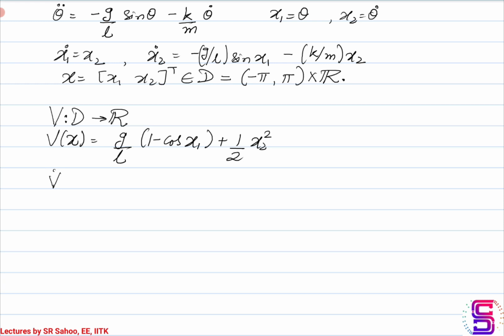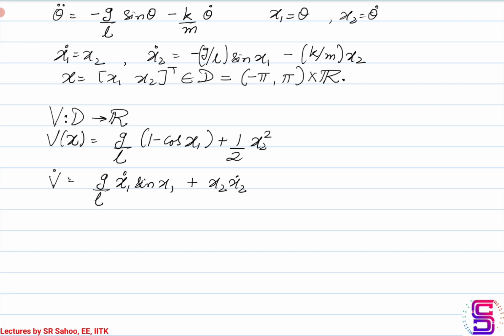With the derivative of this, what we get is g by L x1 dot sine x1 plus x2 dot.